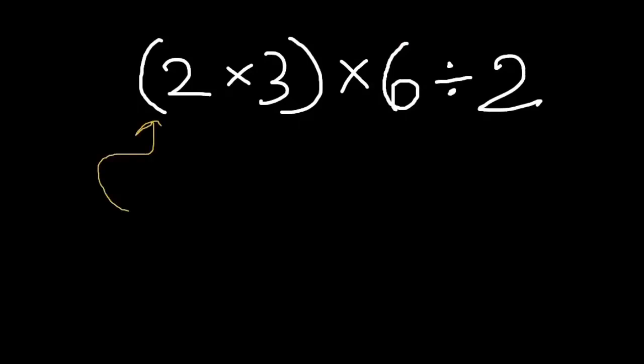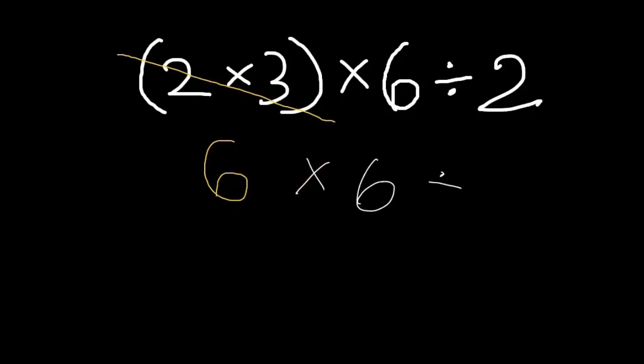Yep, here is a very good example of parentheses. So first we would solve 2 times 3. 2 times 3 is 6. And now you have 6 times 6 divided by 2. And I'm just copying this part from this part. Get it? Okay, so now I have 6 times 6 divided by 2.